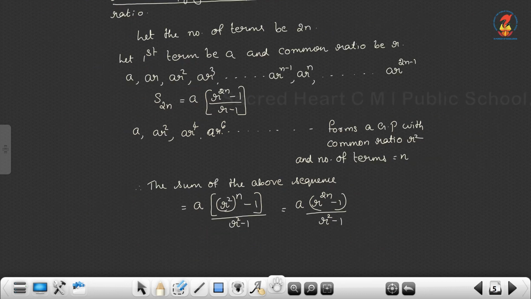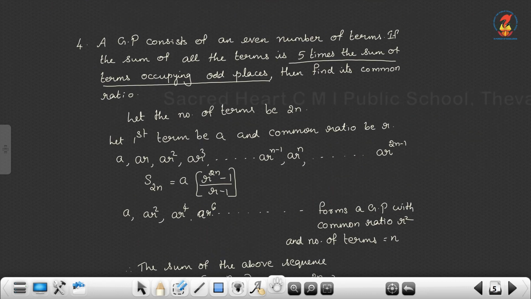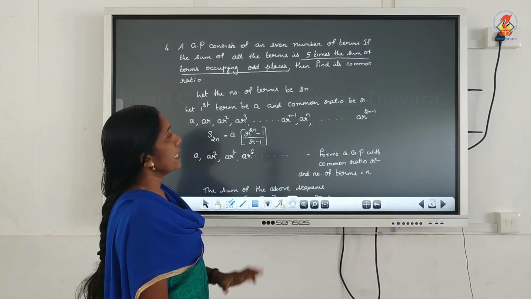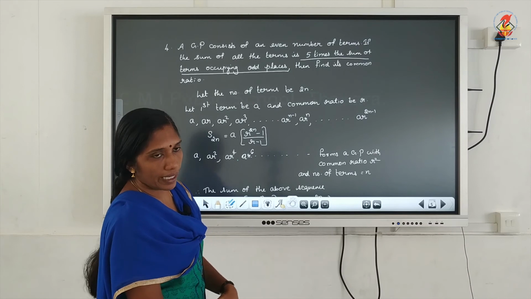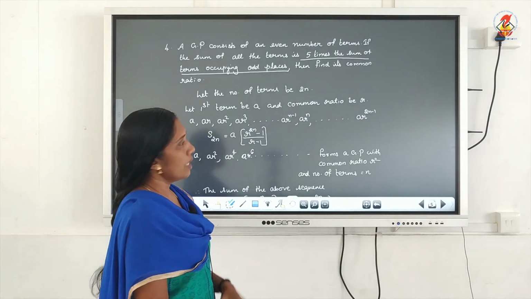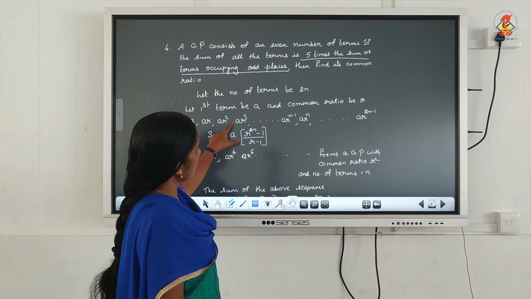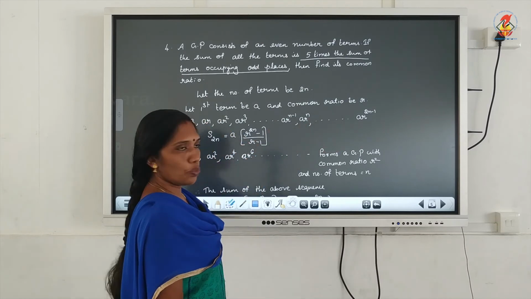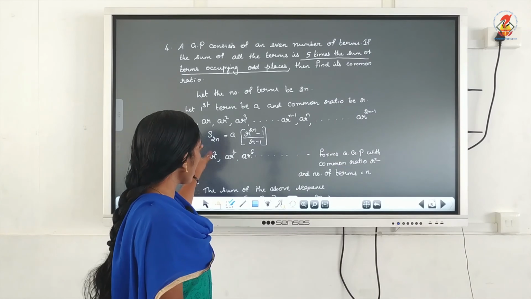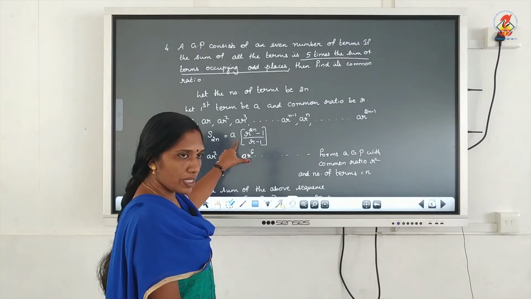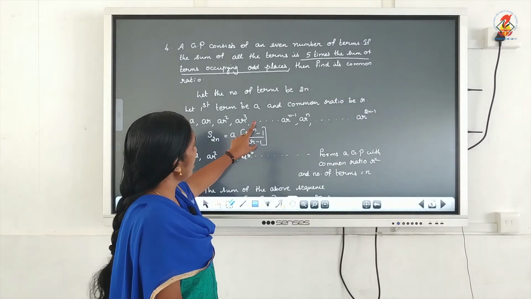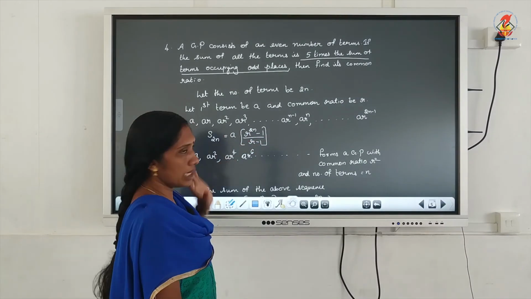Is it clear, children? Once again, in the given GP there are an even number of terms, so we take it as 2n terms. Then the terms are a, ar, ar square, etc., ar raised to 2n minus 1, and its sum S2n is equal to first term into common ratio r raised to 2n minus 1 by r minus 1.